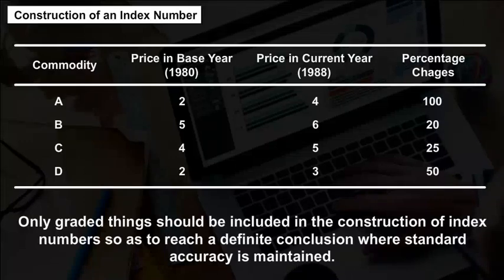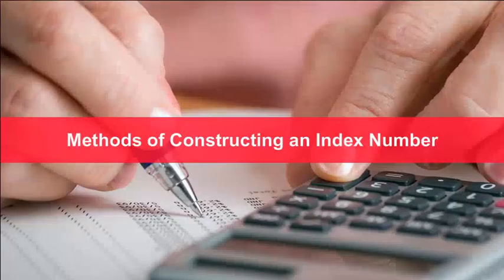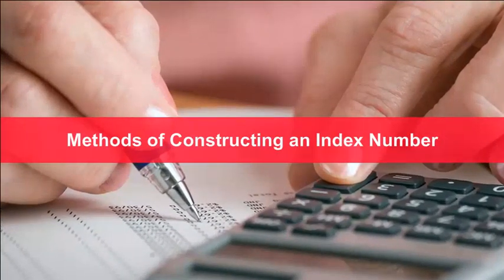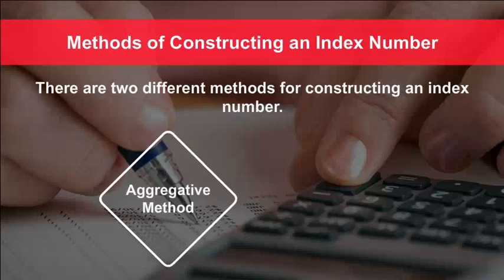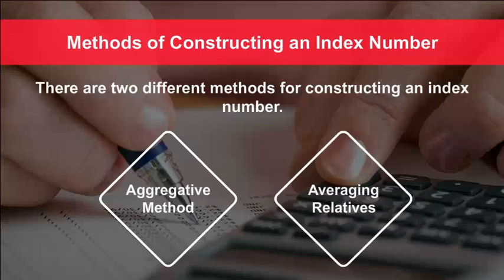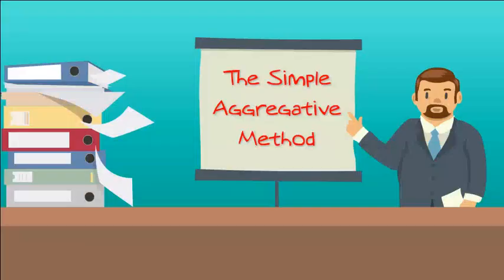Methods of constructing an index number. There are two different methods for constructing an index number. It can be calculated by using the aggregative method and by the method of averaging relatives. The simple aggregative method.